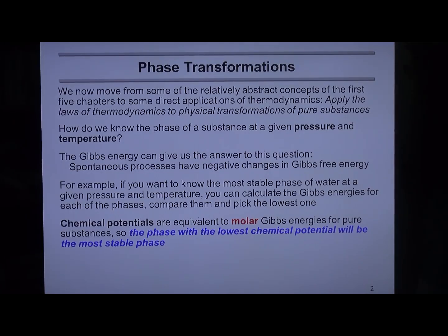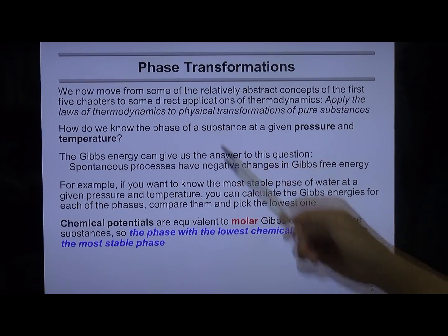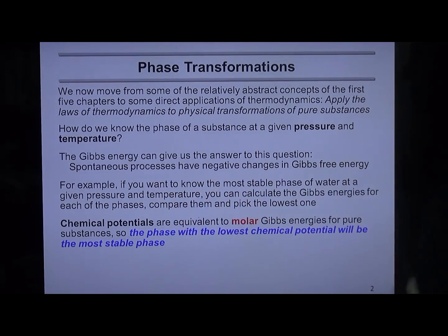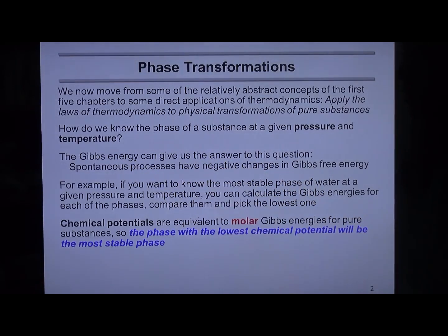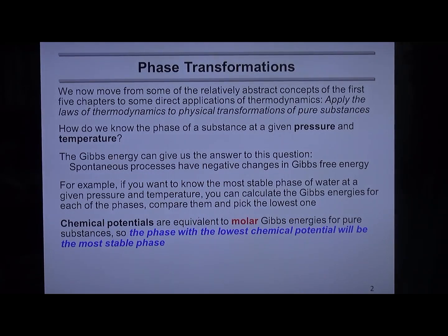So, if you want to answer this question, all you need to do is compare the Gibbs free energy of a certain substance for different phases. Okay? You determine the Gibbs energy of a certain substance as solid, also as liquid, and as gas.